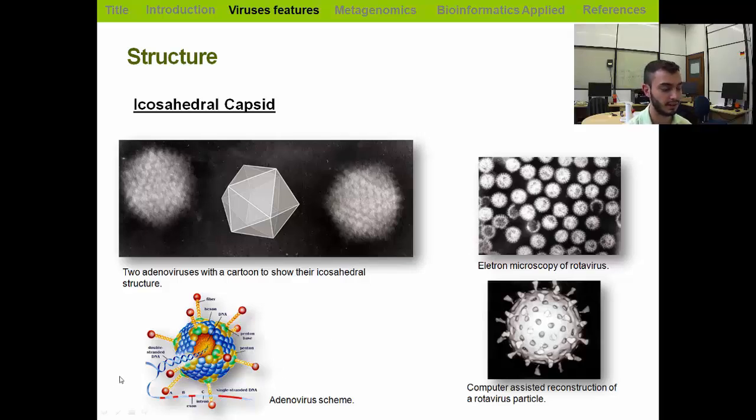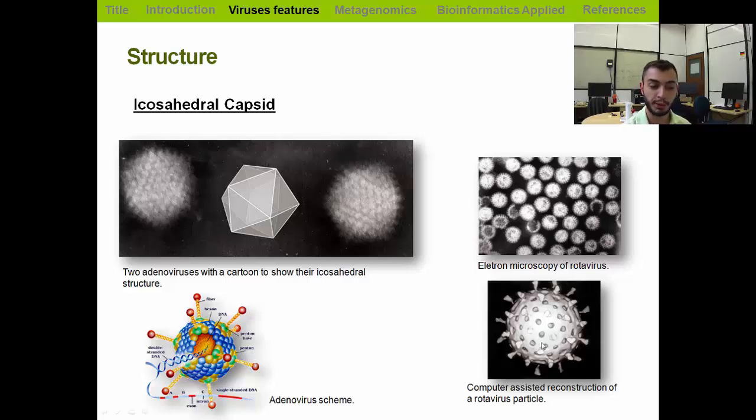Here we have a cartoon. You can see the spikes of this virus, and it has icosahedral symmetry, but because of these spikes and these different proteins, it will be considered a complex virus, but I'm going to tell you later.